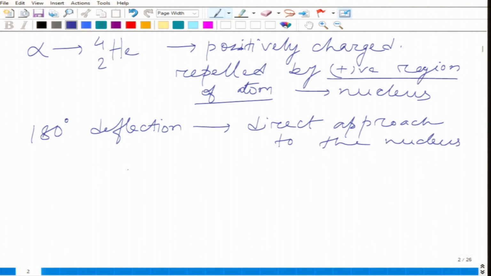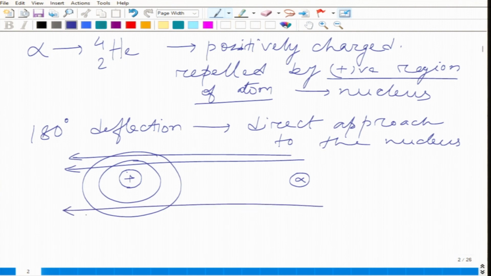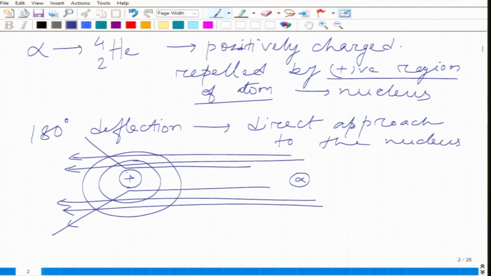Like if this is the nucleus, this is the atom and this is the alpha particle. When these alpha rays travel away from the nucleus, they will pass undeflected. But when they are near the nucleus, they will deflect. When they approach more closely, they will deflect at a greater angle.